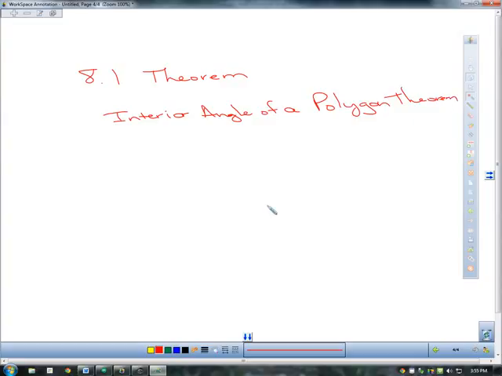And what it says is that the sum, so this is a capital sigma, which means sum, of the interior angles is equal to the number of sides minus 2 times 180.